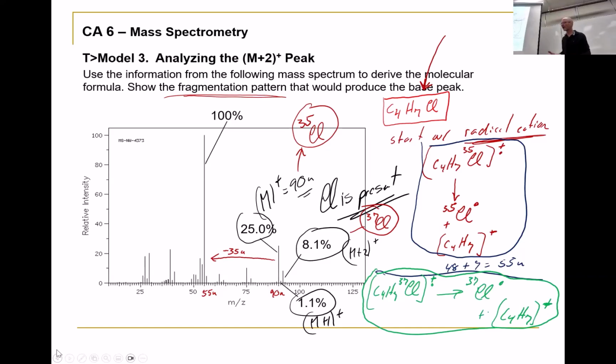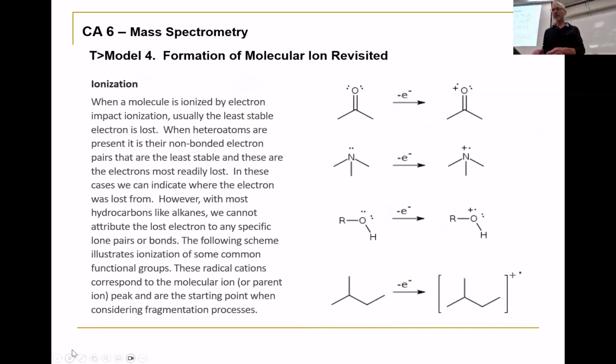We don't really have to know. So we write this in a general way. And that's certainly true if you're dealing with an alkane, a pure hydrocarbon. But when you're dealing with certain functional groups, especially those that contain oxygen and nitrogen, there is a more common molecular ion that's likely to form than others.